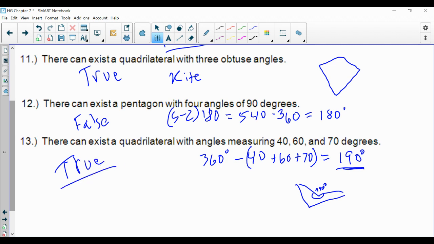So this is a true statement because it can exist. Okay, so 180 is bad, but pretty much anything less than 360 is okay. Anything less than 360 that is not 180, you can draw it being concave.